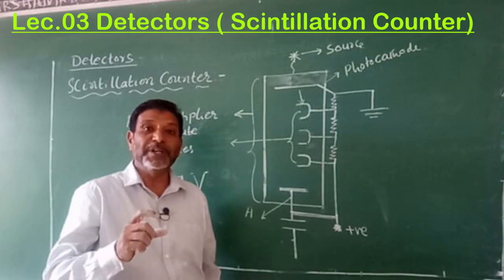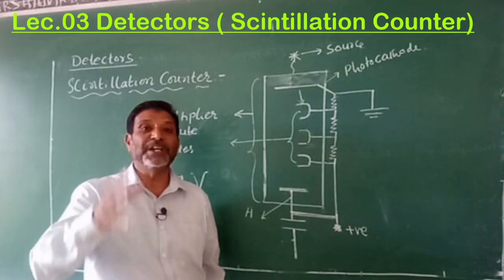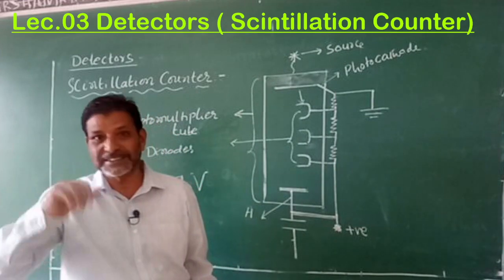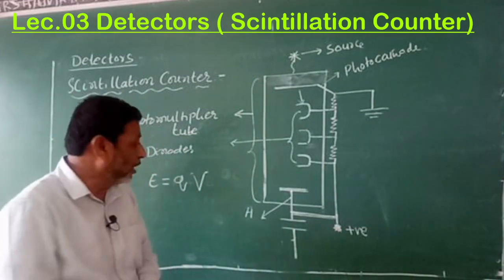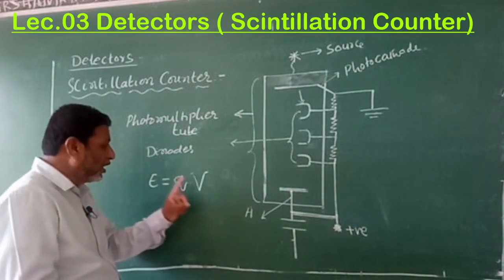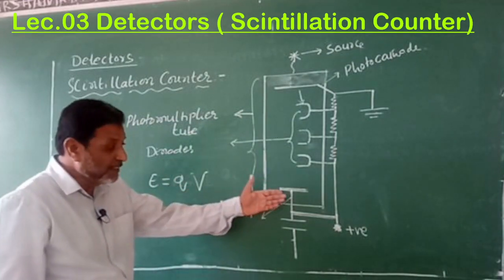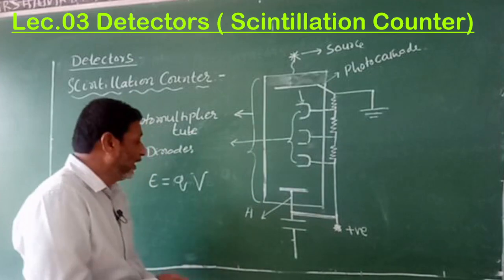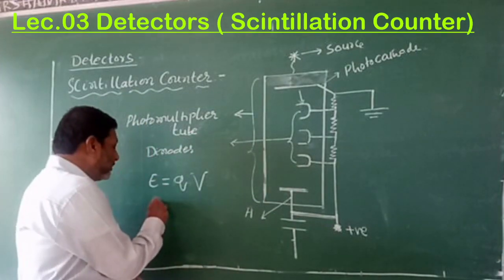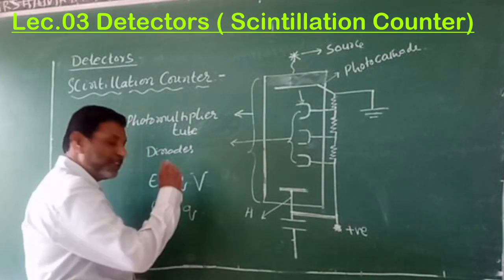Then that energy will appear in the form of pulses, isn't it? Ultimately, the energy you get finally is directly proportional to the charge. Why?